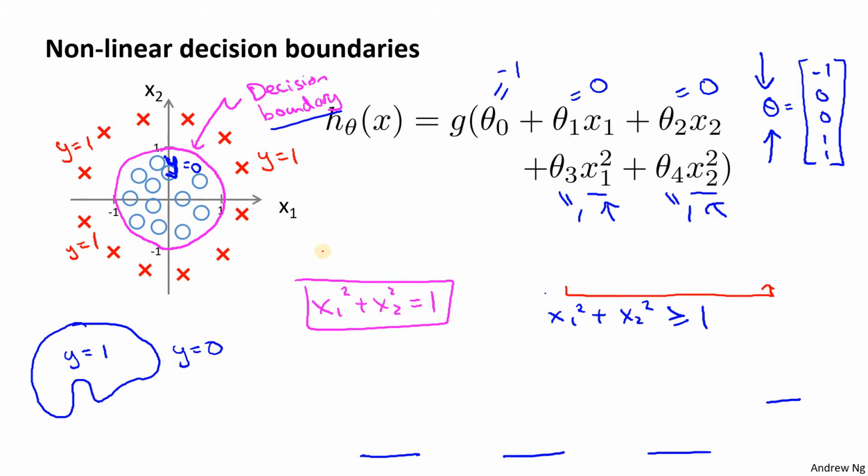Any straight line you take, it will never be possible to separate the two classes, the red cross and the blue circles. So in that case, you need some sort of non-linear function, and the non-linear function that is used over here is shown by this equation.